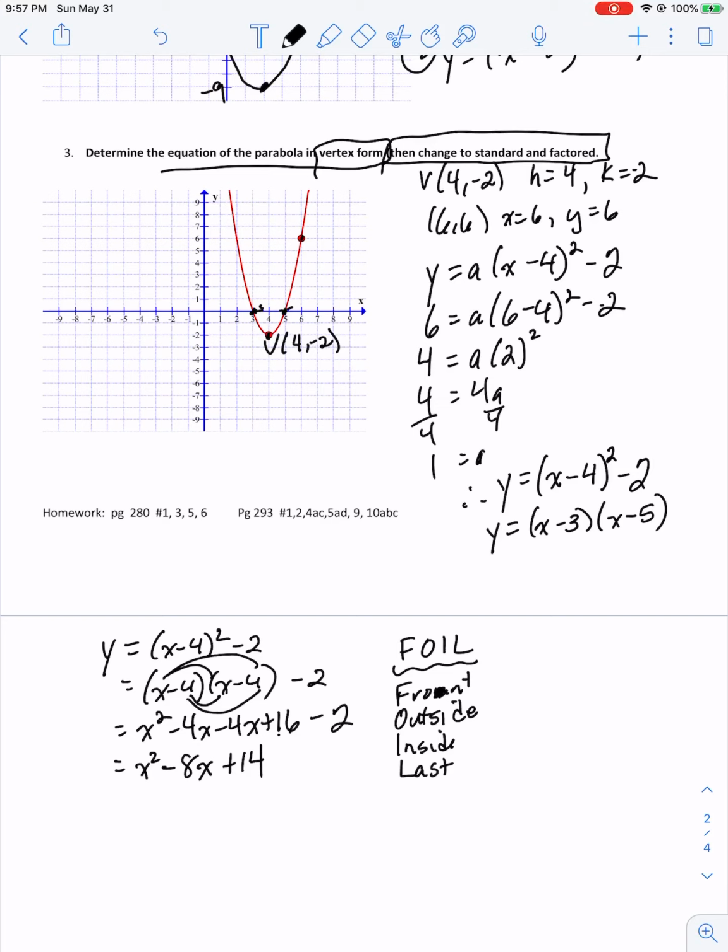All right, so there's something wrong here. (x minus 4) squared minus 2. It says plus 16 minus 2 is plus 14.